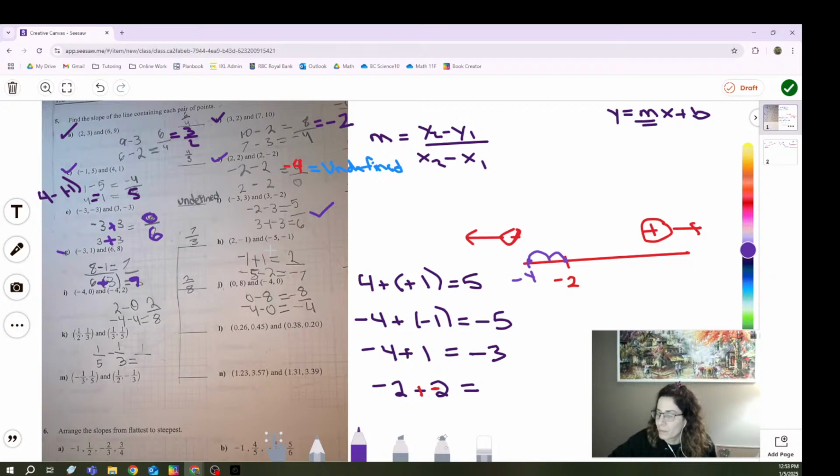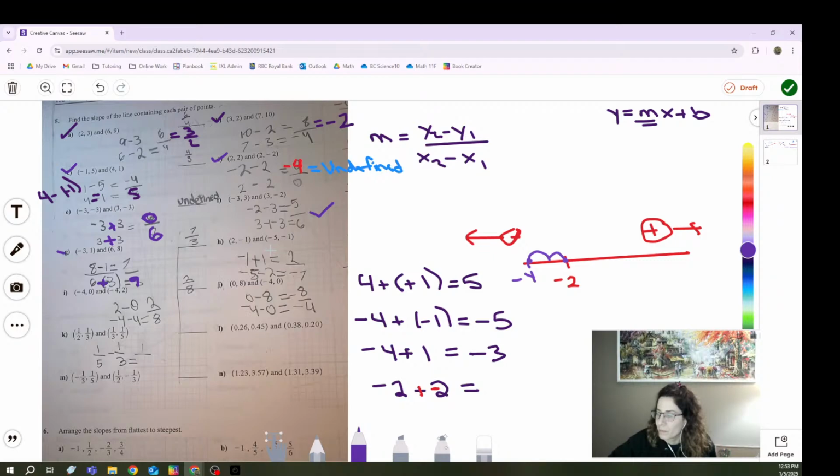And if we're dividing by 0, what kind of slope do we actually get? No. Undefined, that's what we need. There's a big difference. One will give you a vertical line, one will give you a horizontal line.